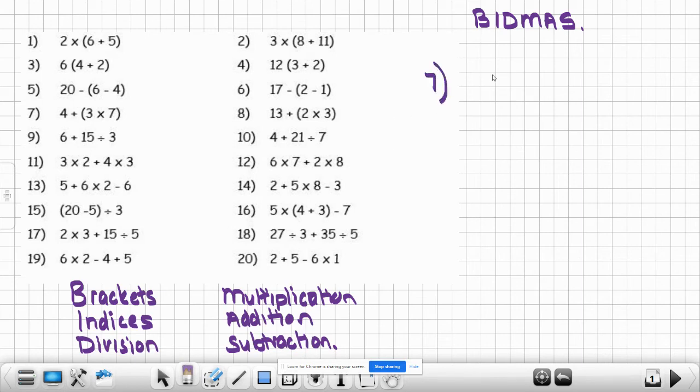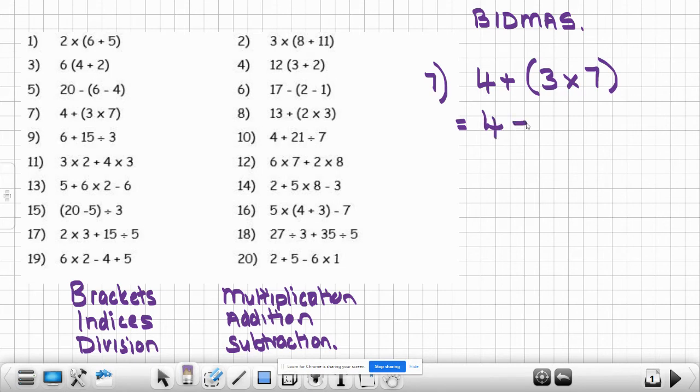Question 7. 4 plus 3 times 7. Okay, we have to deal with the brackets first. We've got an addition outside. So 3 times 7 is 21.